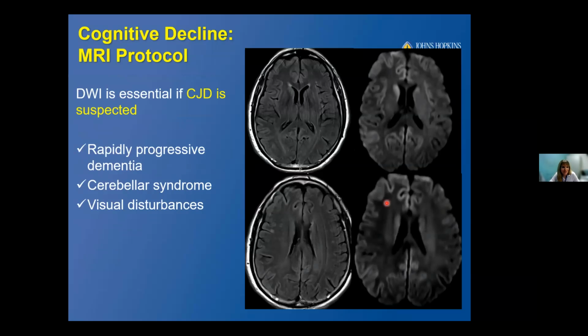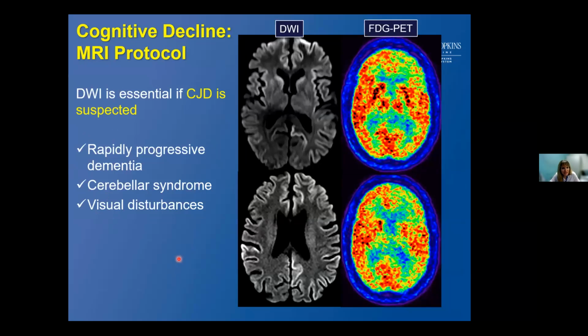So we'll see asymmetric diffusion restriction involving the basal ganglia and cortices, as shown in this image here. It's very subtle, but we do see some increased signal intensity in the head of caudate here on the right side, and also in parts of the cortex. So in this case, it's subtle, but this is very suggestive of CJD if a patient comes with those symptoms.